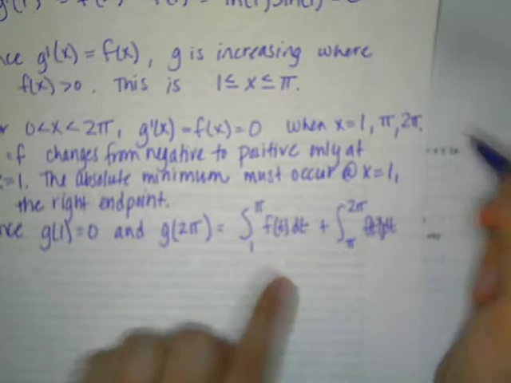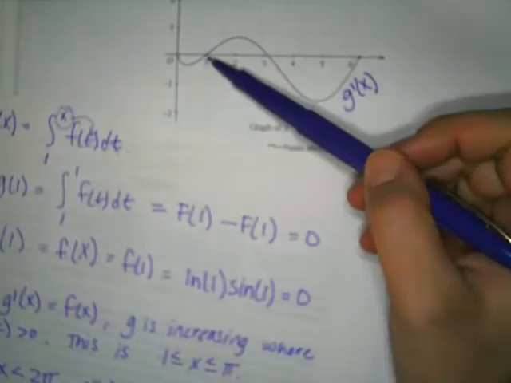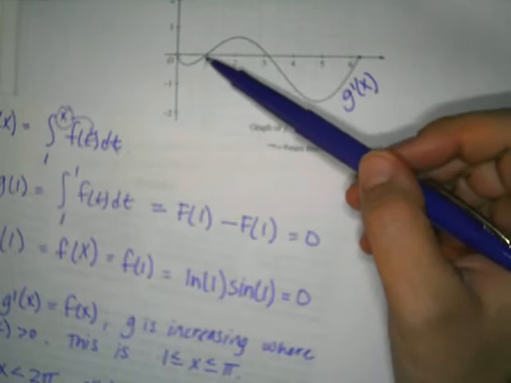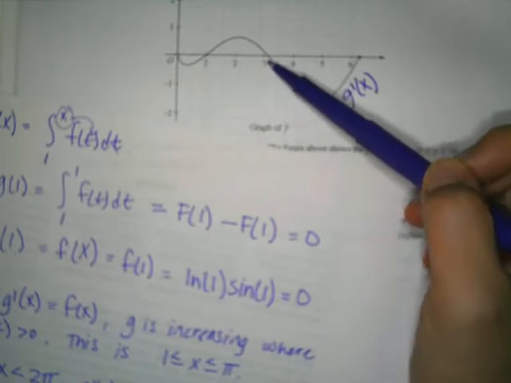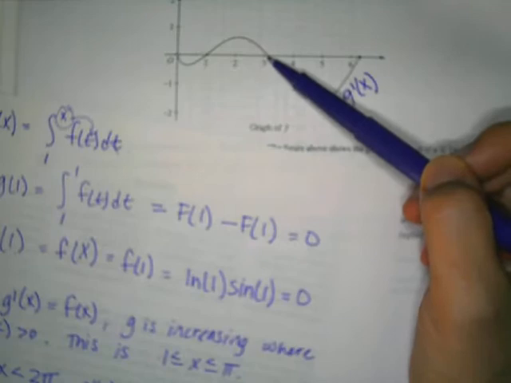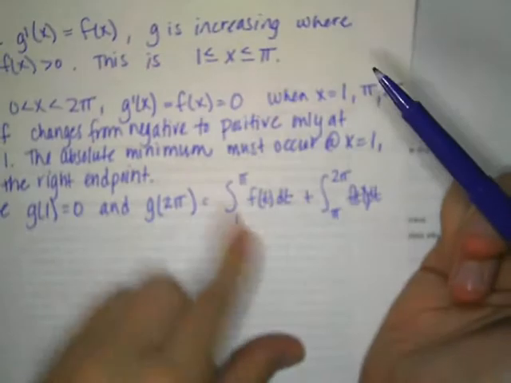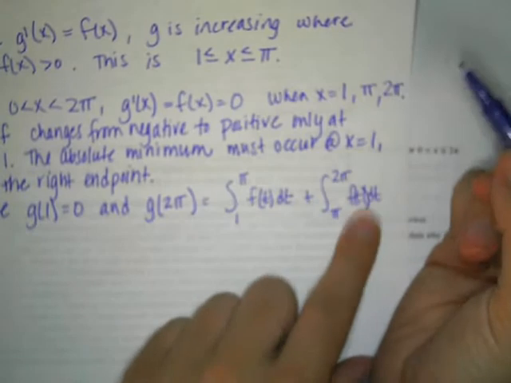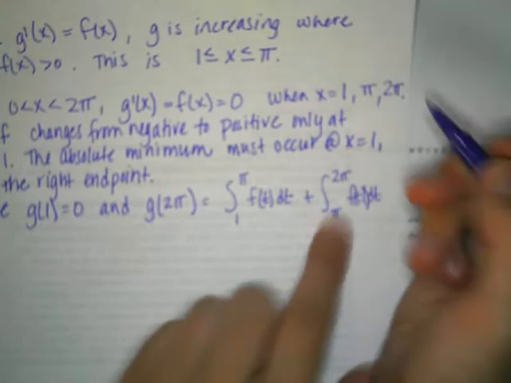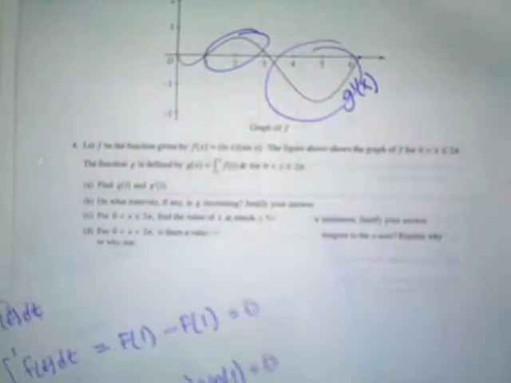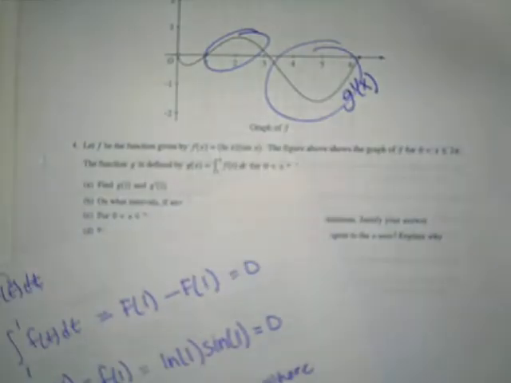Okay, and the reason I split it up into two areas is because I know that g of 1 equals 0, and then there's increasing from that point to pi, and then decreasing. So I'm adding up the positive area and the negative area, because the positive area is so much less than the bigger area. I mean, I can't find those areas.